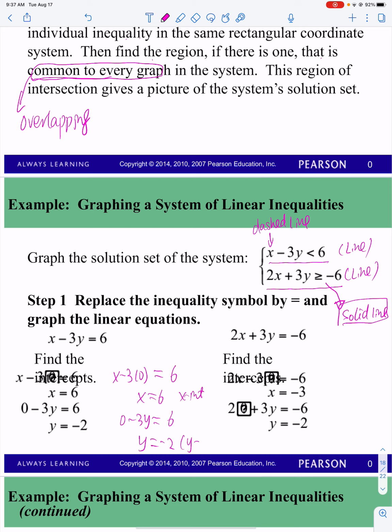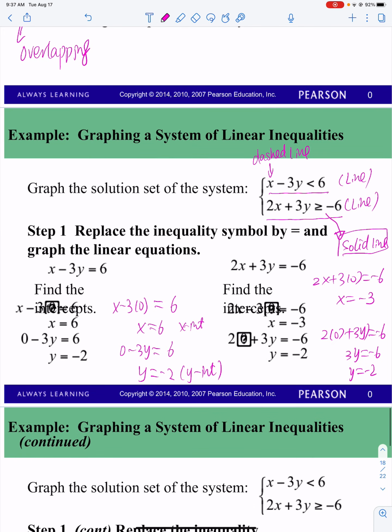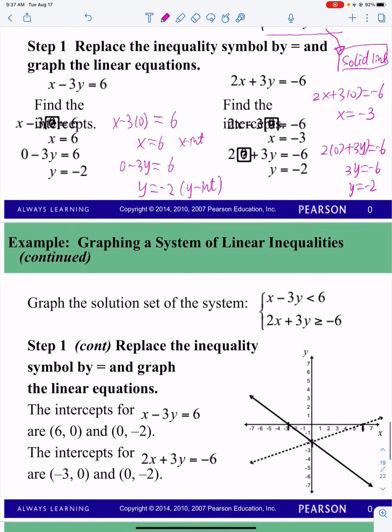That's your y-intercept. Okay. And then 2x plus 3 times 0 equals negative 6, so x equals negative 3. Then 0 plus 3y equals negative 6, 3y equals negative 6, y equals negative 2. You with me? So these are the x and y intercepts of each line.